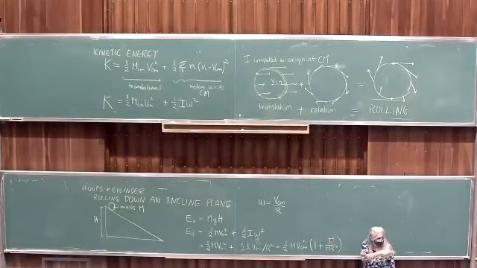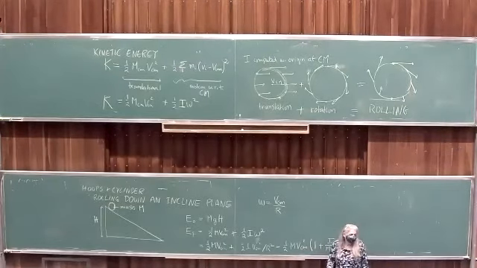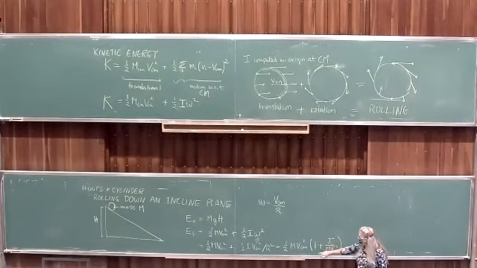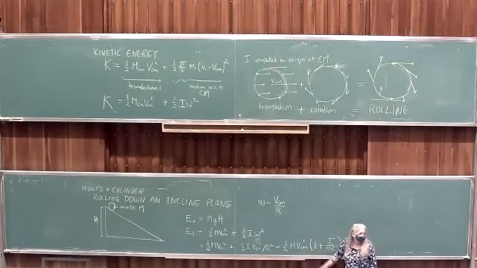So for our different hoops and disks and things, all we need to do is calculate this number, and then we'll be able to know which one has the highest velocity. So if this number is bigger, then this velocity has to be smaller. So things with bigger moments of inertia have to have lower velocities.